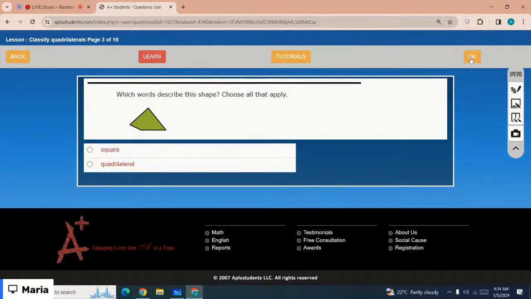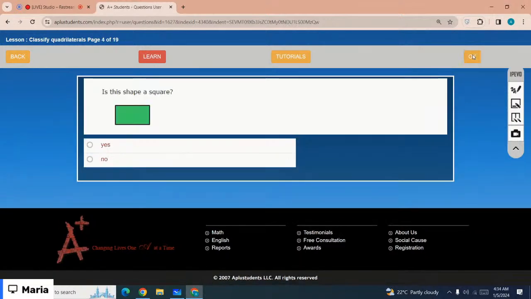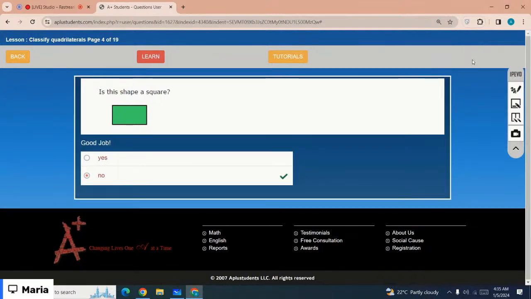The correct option is quadrilateral. But is this shape a square? Yes or no? Which is the correct option? No, this is not a square. That is a parallelogram. A square has all four sides equal in measurement.